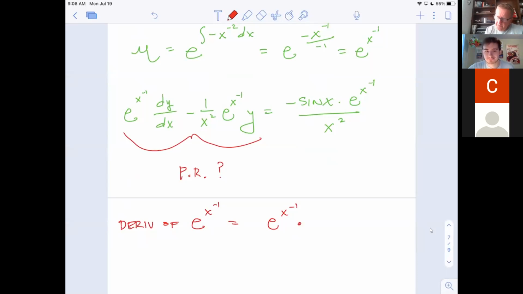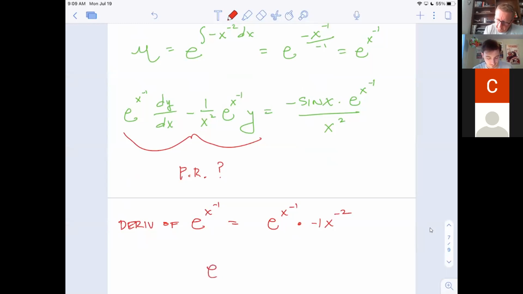Times the derivative of the junk. What's the derivative of x to the negative 1? Well, don't you multiply the exponent down front, and then subtract 1 from the exponent? Isn't that how you take a derivative?